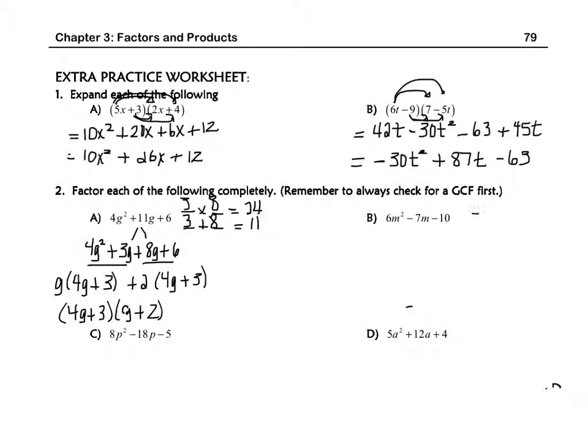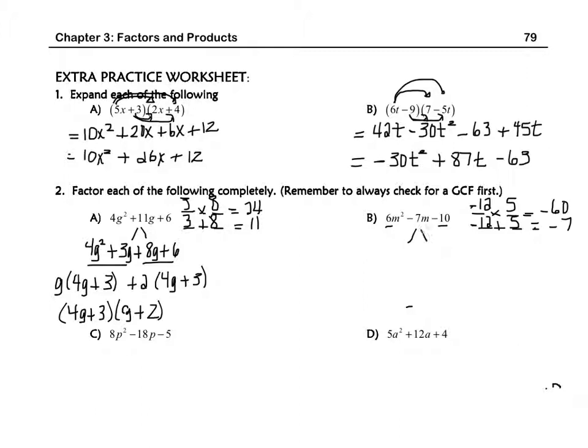In the next example, we're looking for two numbers that multiply to give you 6 times negative 10, which is negative 60, and add to give you negative 7. Again, one would have to be positive and one would have to be negative to give you a negative product. So negative 12 and 5 would work. That would give you negative 60, and add to give you negative 7.